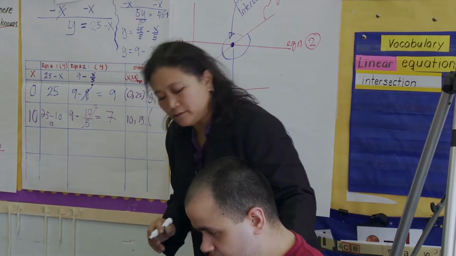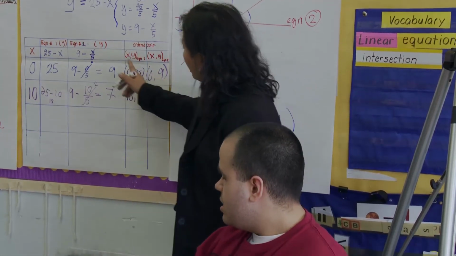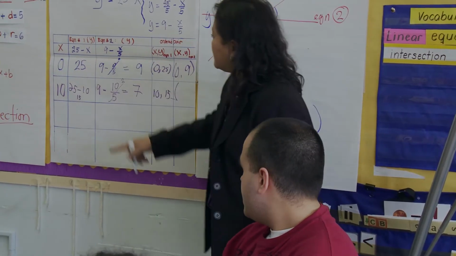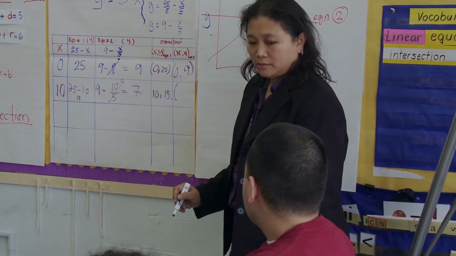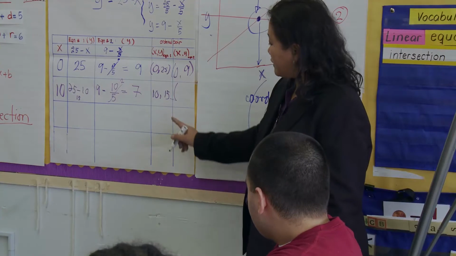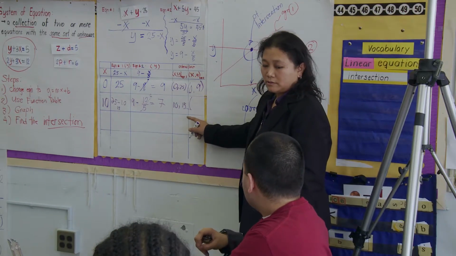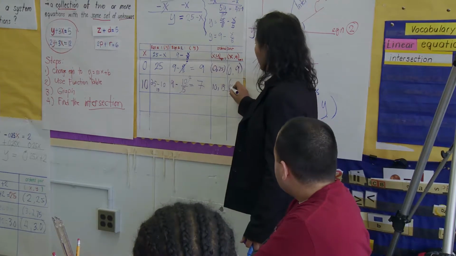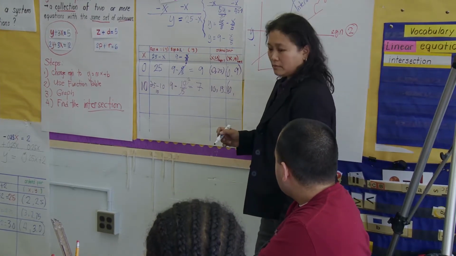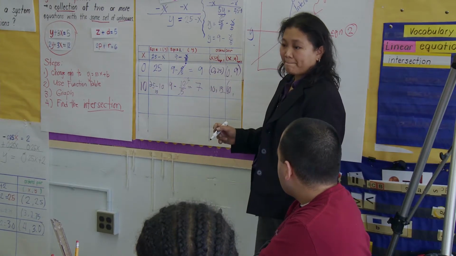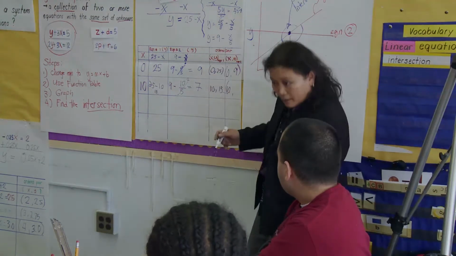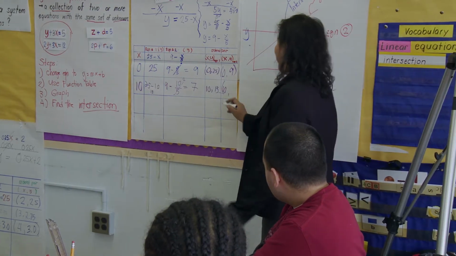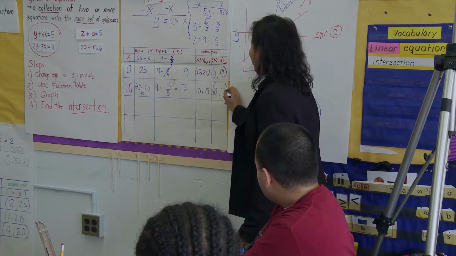What's the ordered pair for equation 2? What's the value of x? 10. Value of y? 7. Yes, very good.